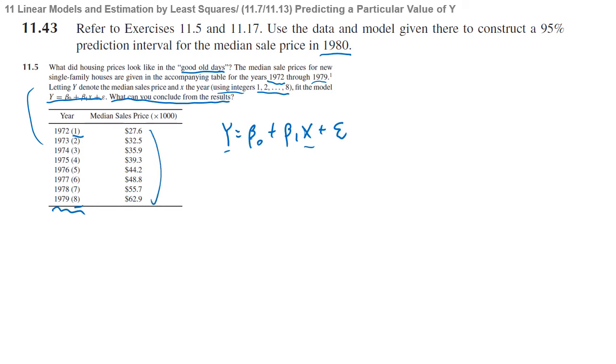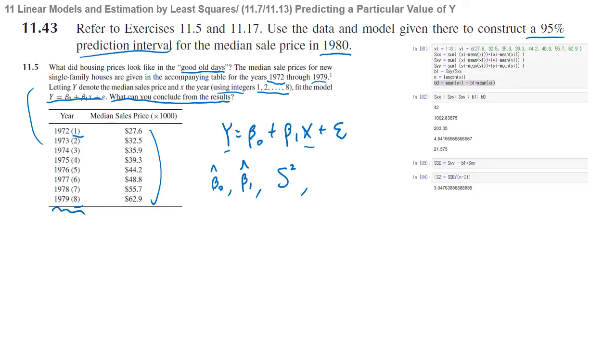You can calculate beta 0 hat, beta 1 hat, and also s squared and related things, and you can also construct a 95% prediction interval from the formula from the previous calculation. So let's try to calculate the related terms.